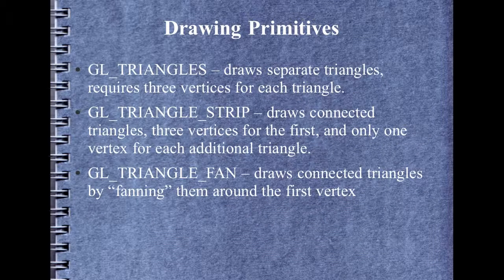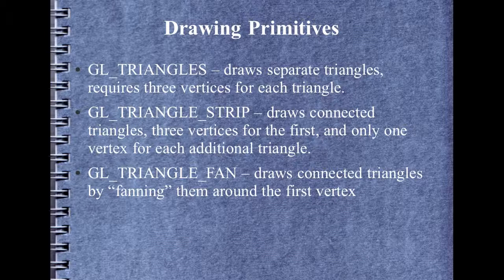We also have triangle primitives, and these are arguably the most important in GL-ES. We have GL triangles, which draws separate triangles, and this requires 3 vertices for each triangle. So if we use GL triangles and we want to draw 2 triangles, there need to be 6 vertices. GL triangle strip reuses 2 of the points that we've already used and adds a third to draw another triangle.